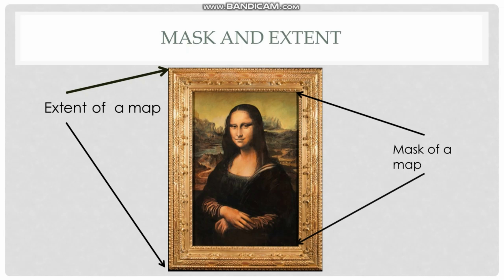So what is the difference? You should take into consideration that what you see on a map, actually in the ArcGIS view window, is the mask of a map, because it contains pixels with values, and ArcGIS gives a certain color to each pixel value so the user can see it, while it doesn't always give color to the extent, which can have no pixels at all or can have pixels with no data.